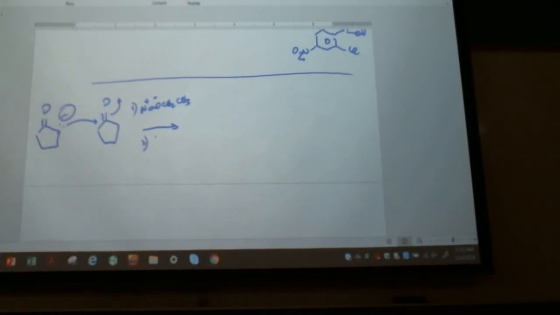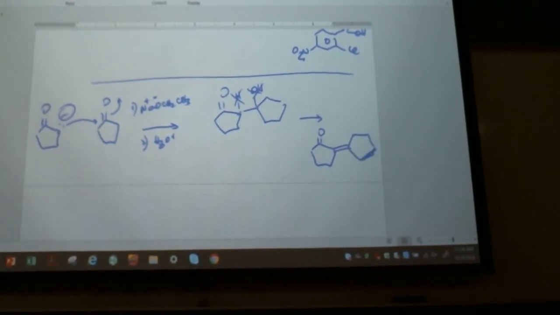Initially, I would have this product, which I would accept, or if it dehydrates, then I would end up with this product. But that would be again an aldol condensation.